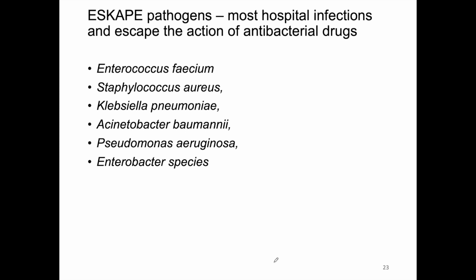Nowadays, there are a selection of pathogens for which better antibiotics are needed because these pathogens have developed resistance to most drugs out there. And so they have been labeled the ESCAPE pathogens based on the abbreviations of the first letter, which is a great way of remembering what's going on. So there's Enterococcus, Staphylococcus, Klebsiella, Acinetobacter, and Pseudomonas and Enterobacter species. So these all exist, and they all have drug-resistant forms, and in hospitals they can cause substantial problems.